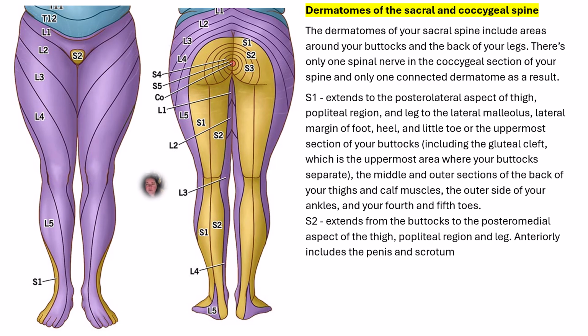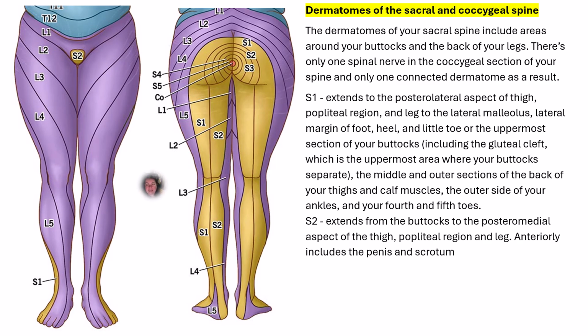So we're going to the lateral portion here, the lateral margin of the foot, heel, and little toe, or uppermost section of your buttocks, including the gluteal cleft, which is the uppermost area where your buttocks separate, the middle and outer sections of the back of your thighs and calf muscles, the outer side of your ankles, and your fourth and fifth toes.